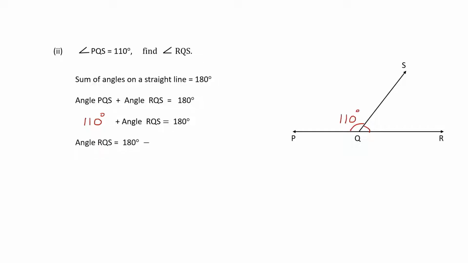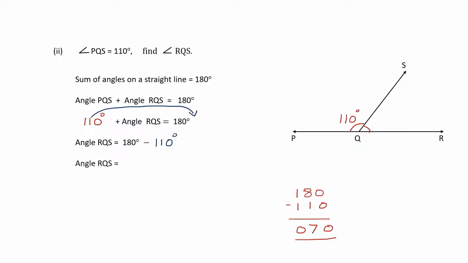Now we are going to find angle RQS. To find that, we are leaving 180 degrees on the right hand side as it is. We are moving 110 to the other side. Plus 110 becomes minus 110 degrees. Now let's subtract that. 180 minus 110, 0, 7, 0, that's 70.